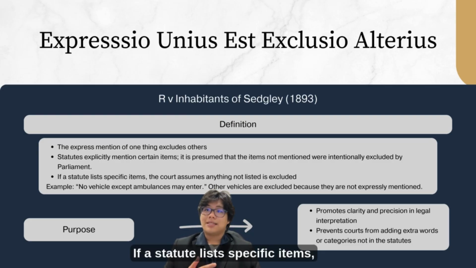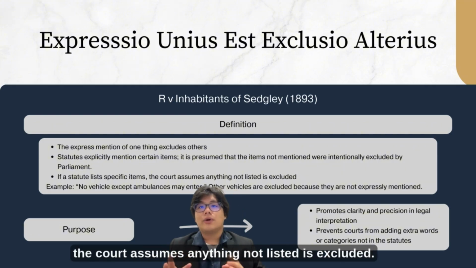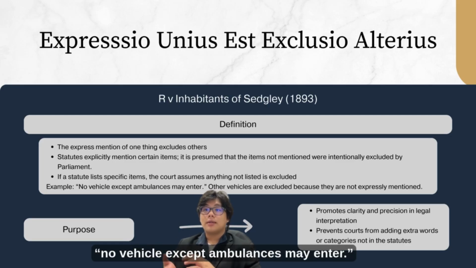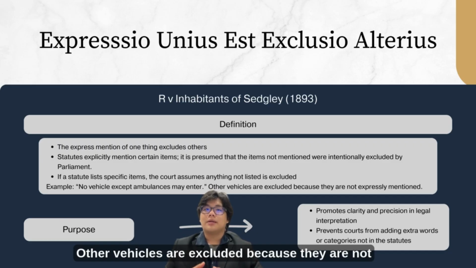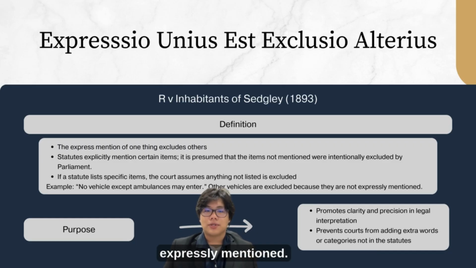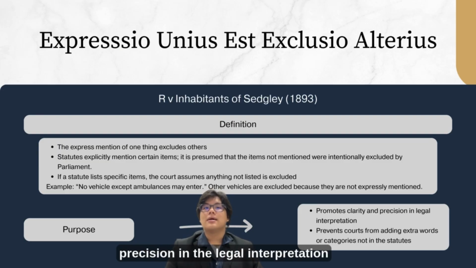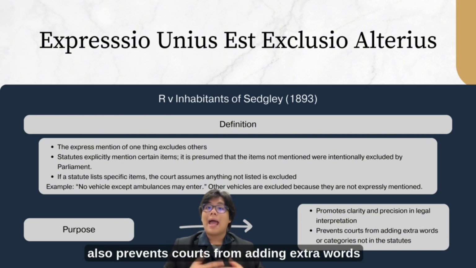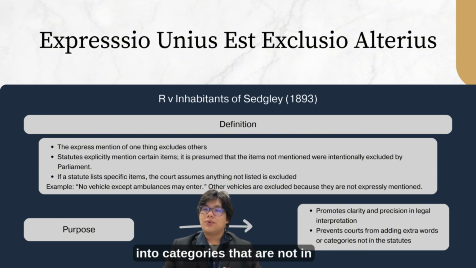If a statute lists specific items, the court assumes anything not listed is excluded. For example, no vehicle except ambulances may enter. Other vehicles are excluded because they are not expressly mentioned. This promotes clarity and precision in legal interpretation, and also prevents courts from adding extra words into categories that are not in statutes.